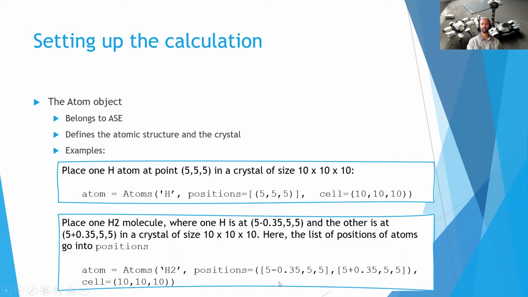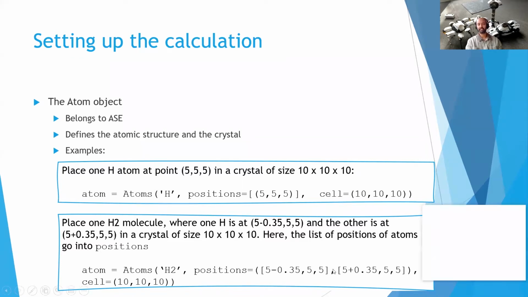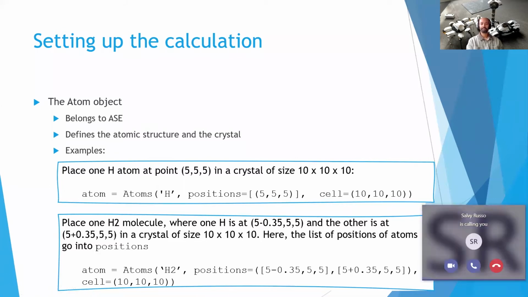So here is one list of numbers and here is another list of numbers. You can also notice that it's pretty flexible in terms of whether you use tuples or lists. Here I'm using a list of tuples, here I'm using a tuple of lists. It doesn't really make a difference. So the other thing is we need cell equals 10, 10, 10, and that's the supercell size. Okay, so here we created an H atom in a cell, and here we created an H2 molecule in a cell.